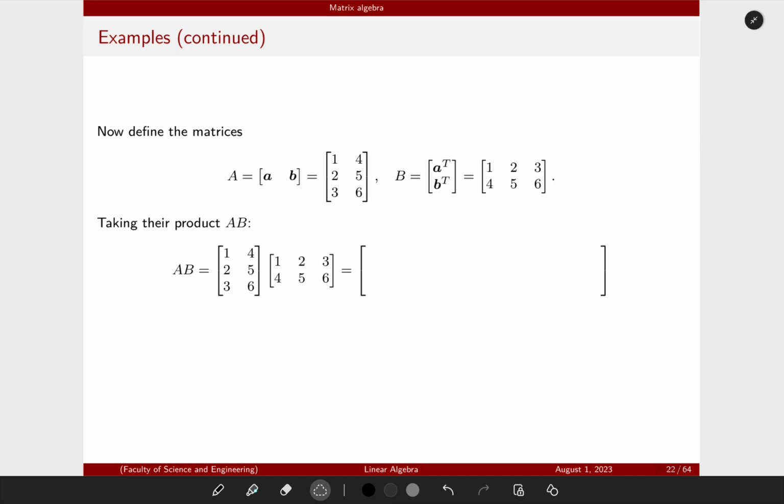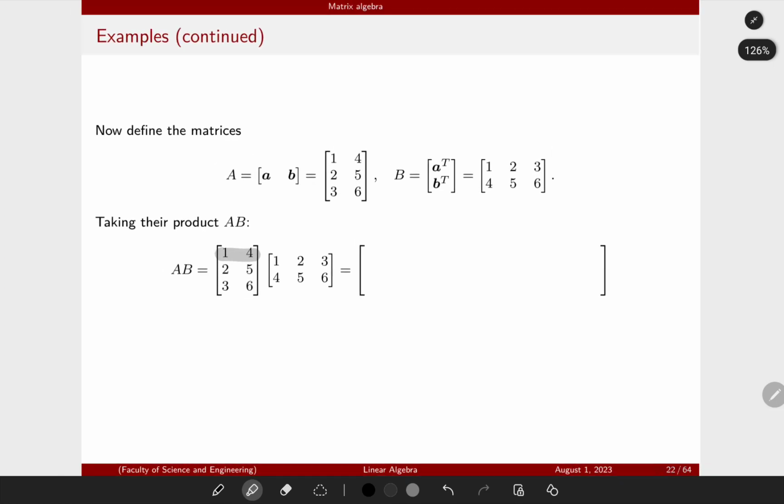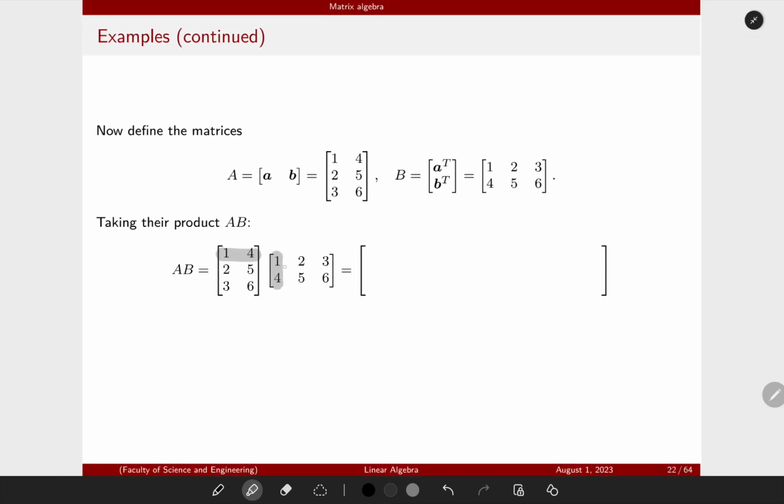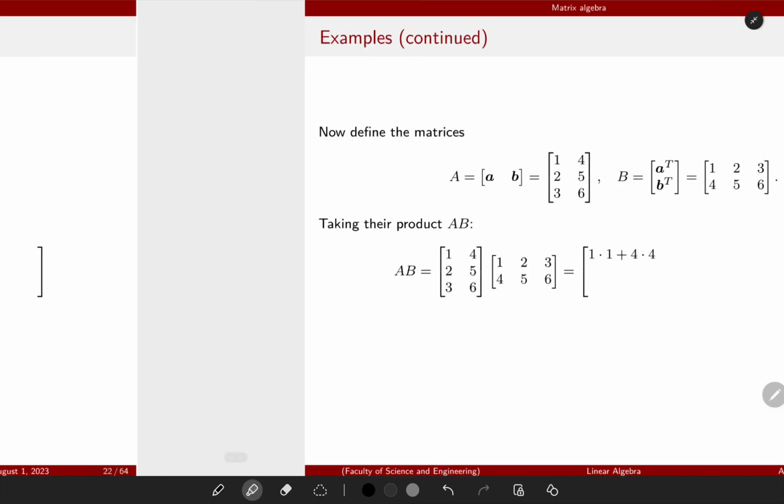So what I mean by that is we look at the first row of A, so this 1, 4, and we take the scalar product with the first column of B, so this 1, 4, so that will be 1 times 1 plus 4 times 4. And we do that for every row and every column. So first we take 1, 4 with 1, 4, then 1, 4 with 2, 5, 1, 4 with 3, 6. Then we do the same like this, etc., until we have covered everything and we get a 3 by 3 matrix.